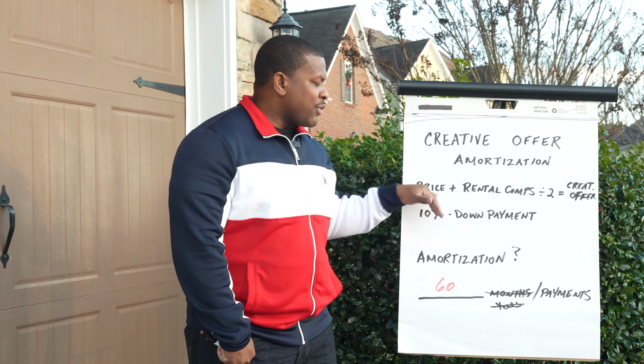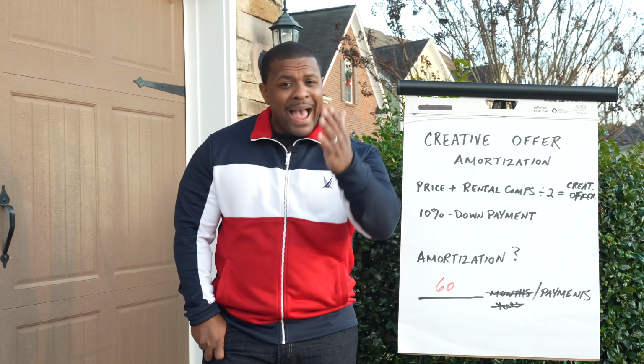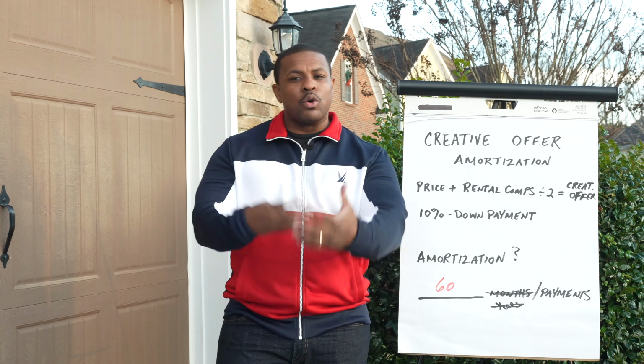Basically what that means is if you had a $100,000 loan and you paid off, let's say, 20 grand in 5 years, your balloon payment on that property would be $80,000. If you paid off half the property, let's say $50,000, then your balloon payment is going to be $50,000. If you paid off $70,000, your balloon payment would be $30,000. You understand exactly where I'm going with this.